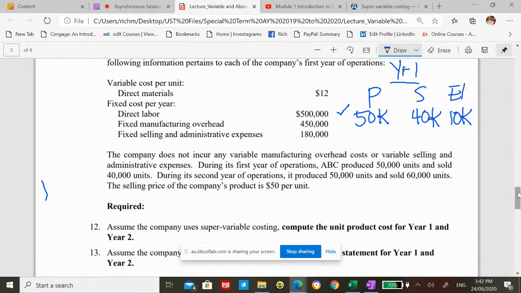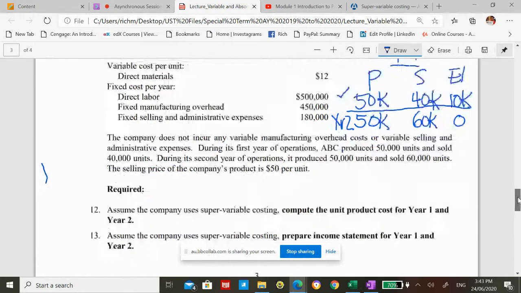So for year two, our production is 50,000 units and sold 60,000 units. Therefore, our ending inventory is zero. Included in this 60,000 is the 10,000 of beginning inventory for year two. The selling price of the company's product is $50 per unit.